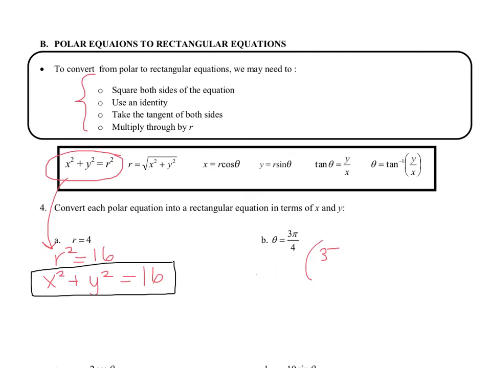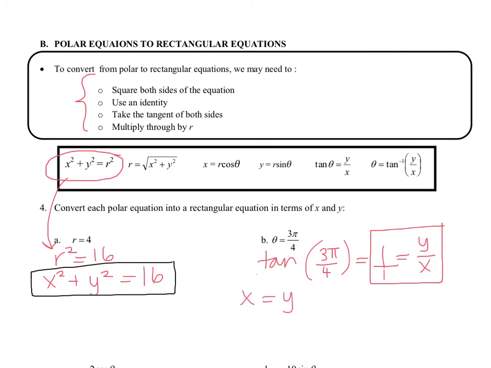So I'm going to take the tangent of 3 pi over 4, and that's equal to 1. That tells me that y over x is equal to 1. If you solve this equation, you get x equals y. If you don't recognize this equation, this is just a straight line with a slope of 1 that passes through the origin.